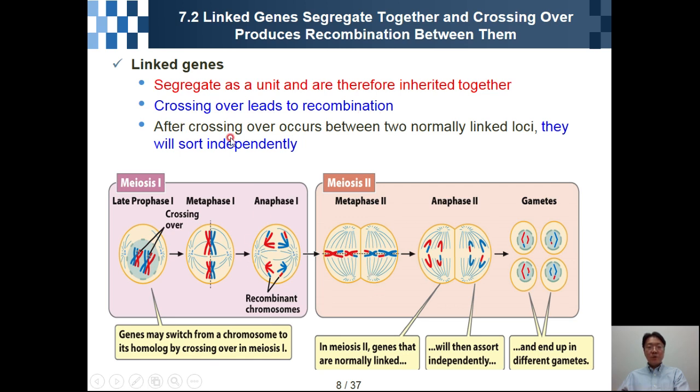After crossing over occurs between two normally linked loci, they will assort independently. So this is the crossing over. Crossing over happens during meiosis 1 and can lead to recombination.